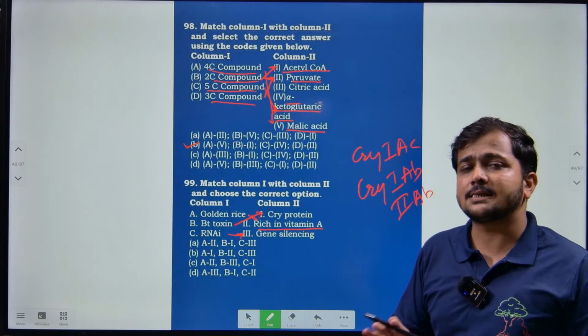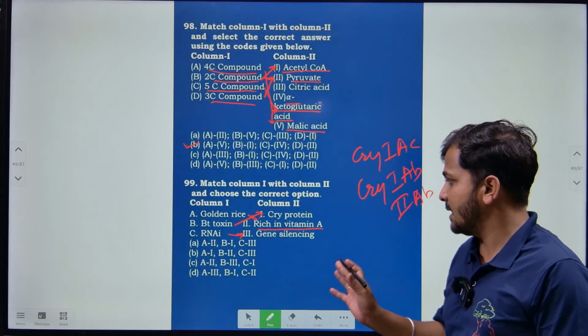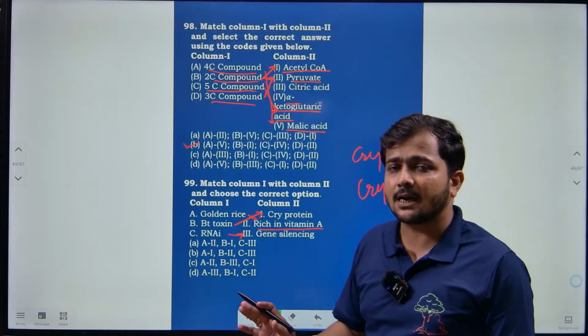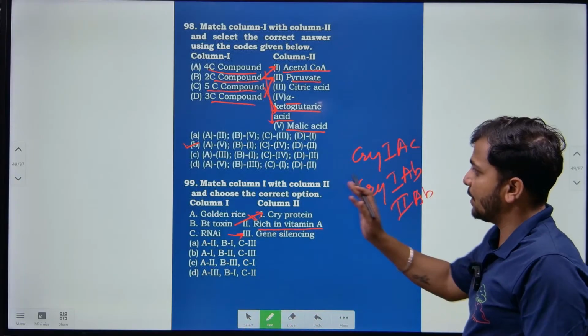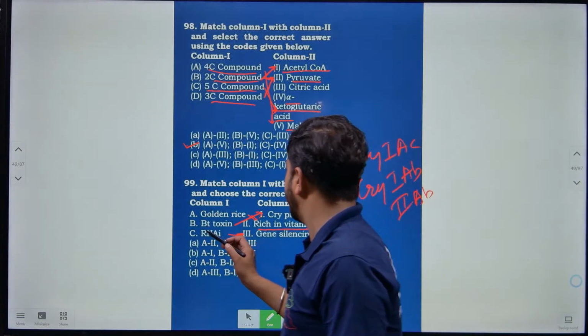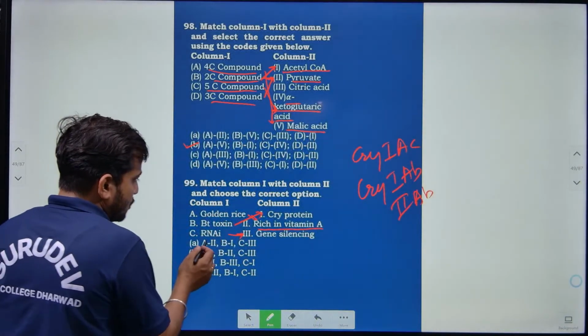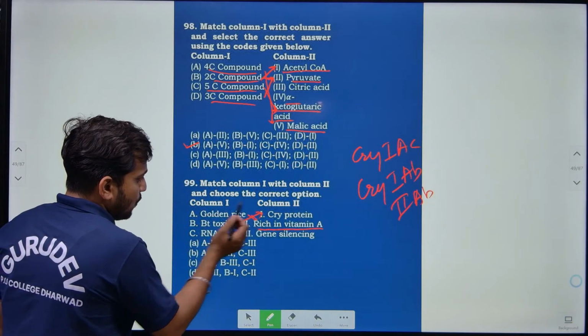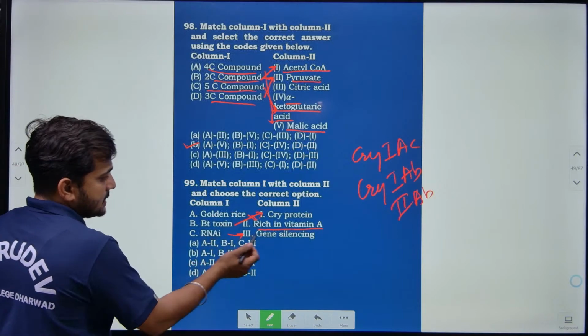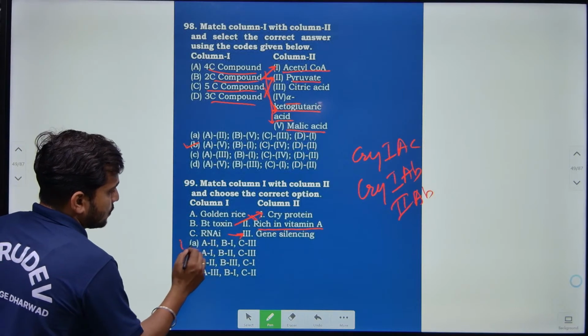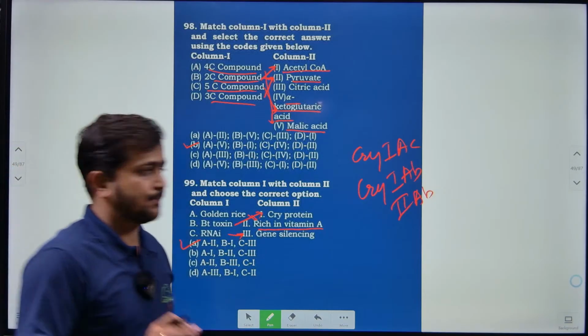RNAi is also called RNA interference, or the gene silencing technology. So A is related with 2, B is related with 1 and C is related with 3. Here, option A is correct.